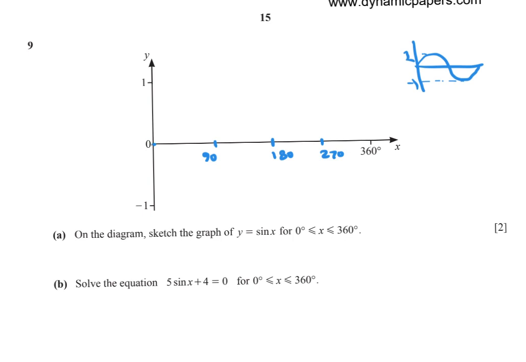So 0 at 0, 1 at 90, 0 at 180, negative 1 at 270, and 0 at 360. So now join them. This is the graph for y equals sine x.